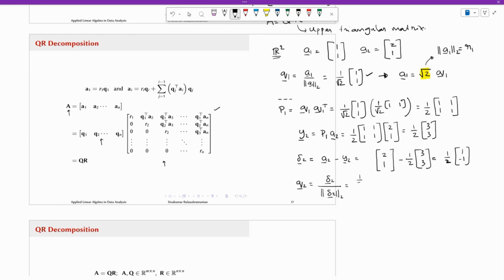It is half of 1, minus 1, divided by. So this will be your Q2.